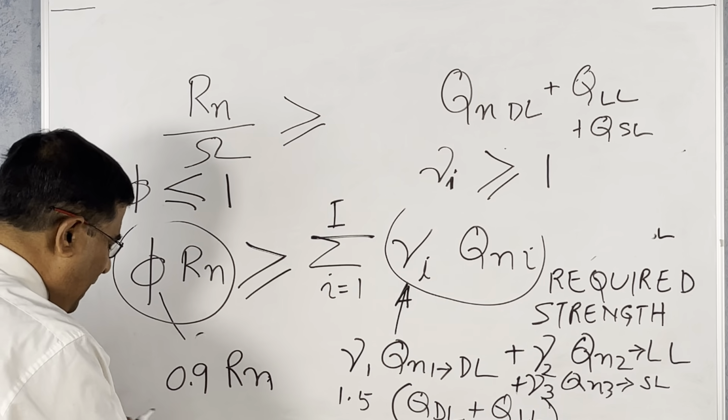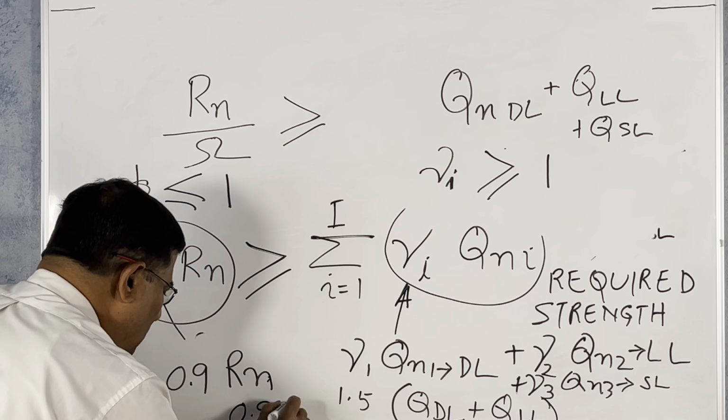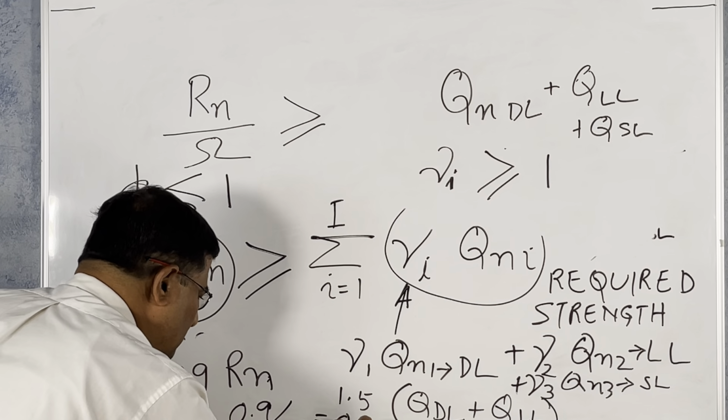So if 0.9 is divided by 1.5, you get 0.6.